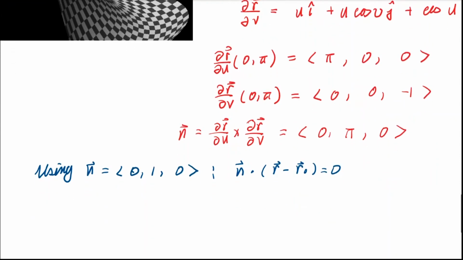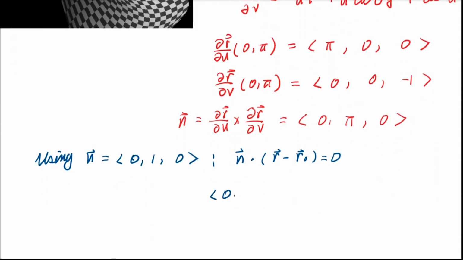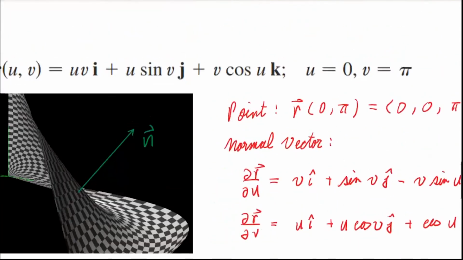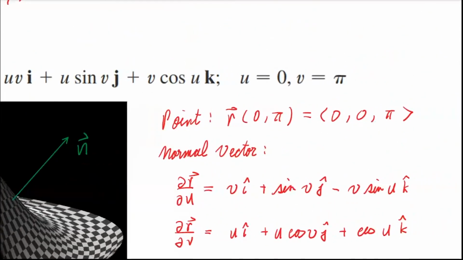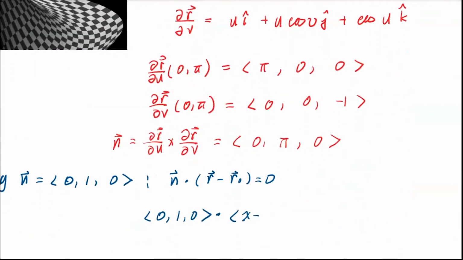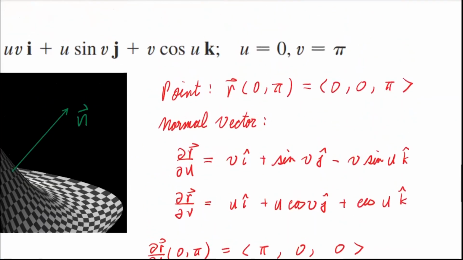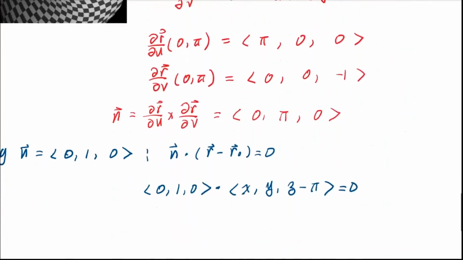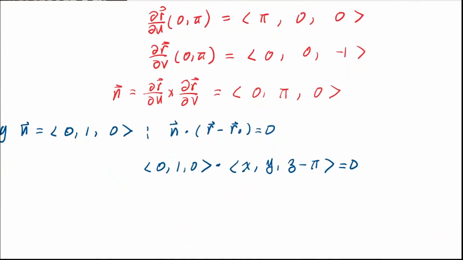Okay, so we'll use 0, 1, 0 dot that, where this means x minus your point. Here, that's our point. That's what r naught represents. So x, y, and z minus pi. Wait, let me just make sure I copied it. Yeah, pi. Good. And so we have, wow, everything here dies, right? So we just have y is equal to 0.